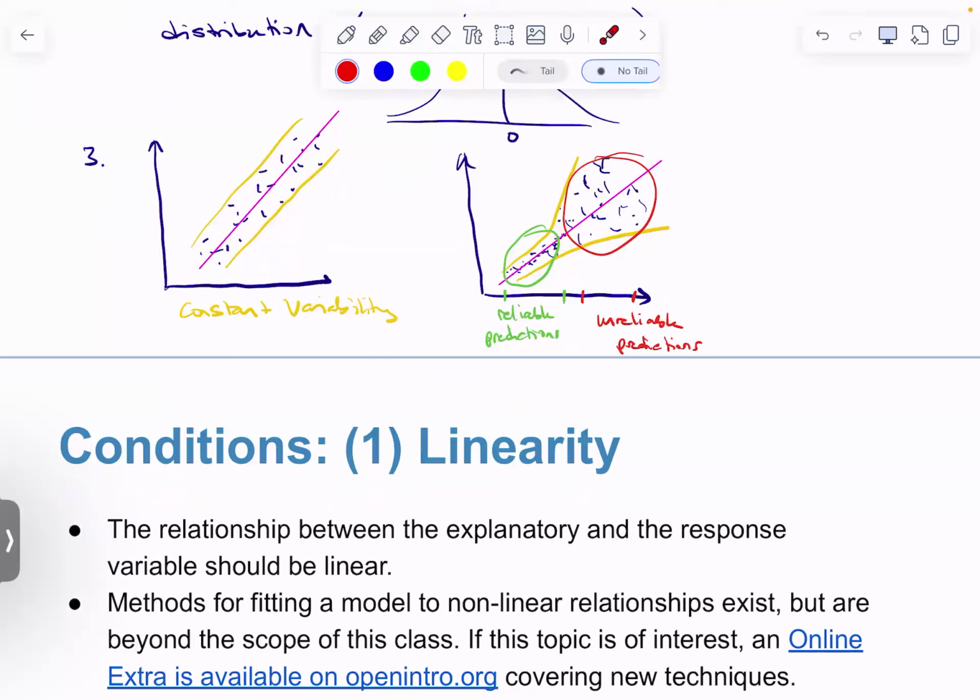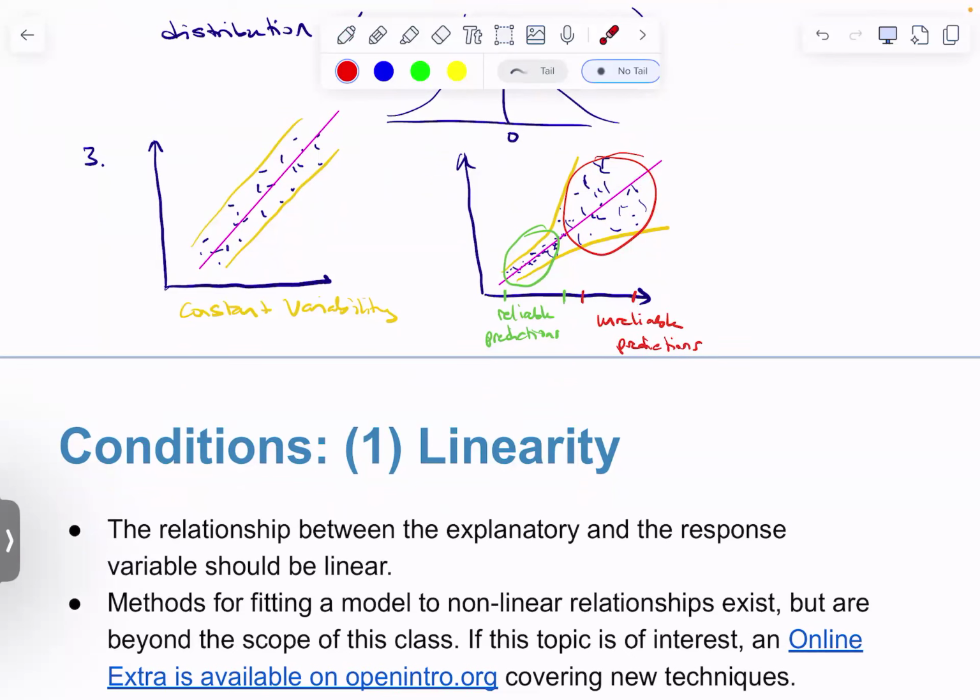Because I can plug in a value of X here, and I can get a value of Y down here, or it looks like I could reasonably get a value of Y up here. And so then my line does a really bad job for those values of X.